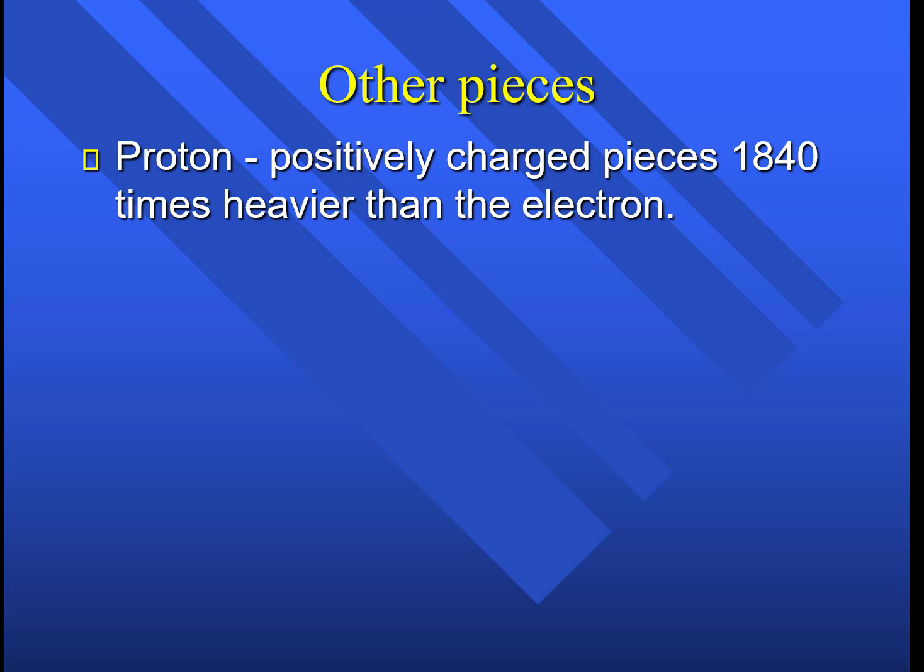If a car weighed what a proton did, an electron would be the weight of a water bottle in the front seat. Okay, because a water bottle is about 2.5 pounds. Cars in the 5,000 pound range. So that's how much smaller an electron is than a proton. 2,000 to 1. A water bottle to a car.